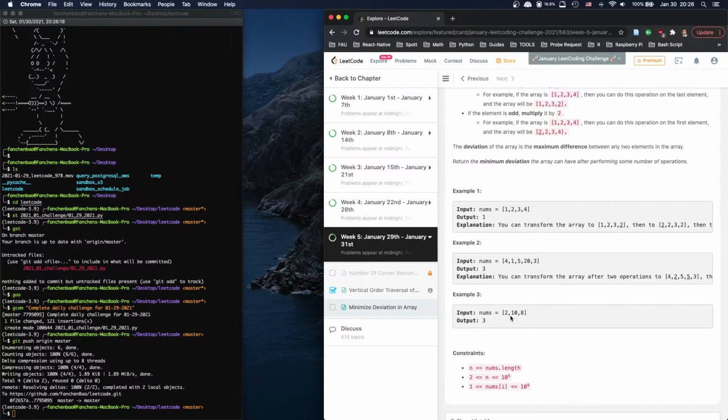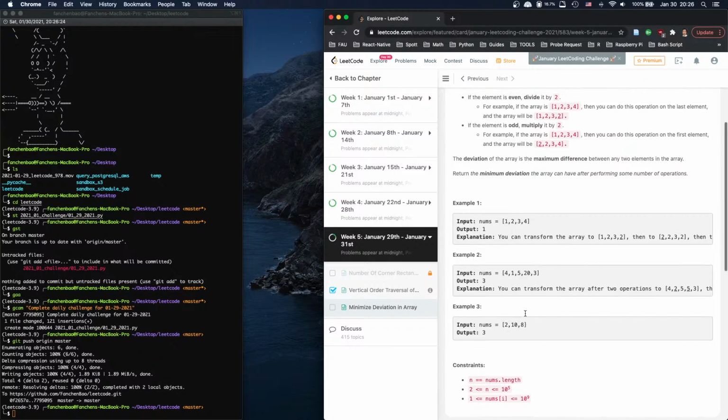Why is it 3? Times 2 is 4, times 2... it should be 2. Huh? Oh, well, this is even. We cannot multiply, we can only divide. So if you divide, and then multiply, divide, multiply, then this.